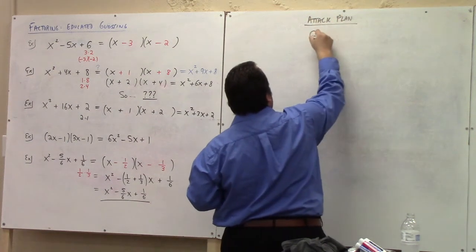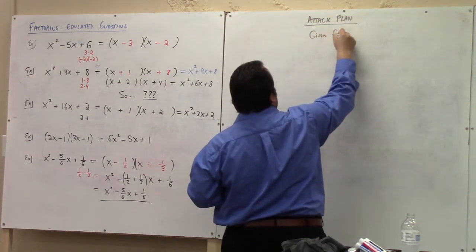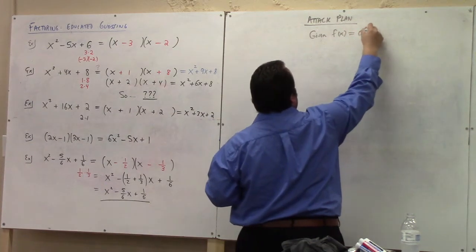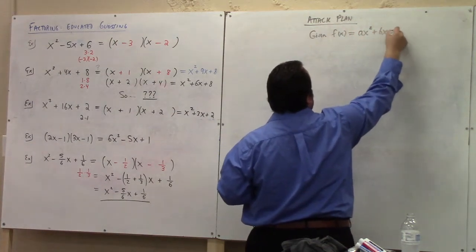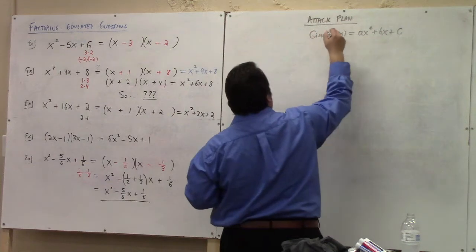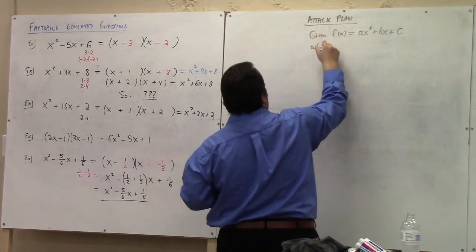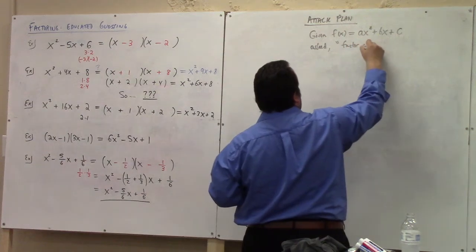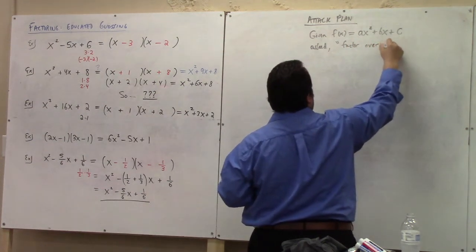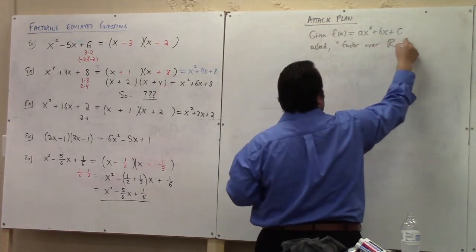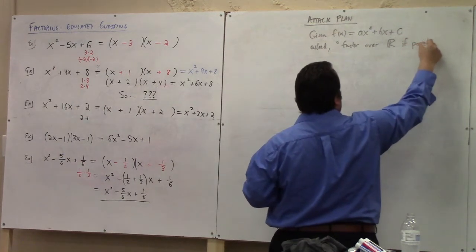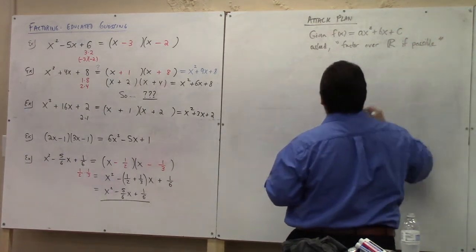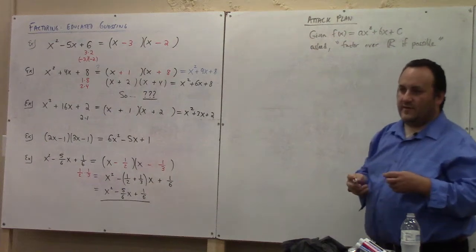So given f of x equals ax squared plus bx plus c, and you're asked to factor over the real numbers if possible, here's what I would do.